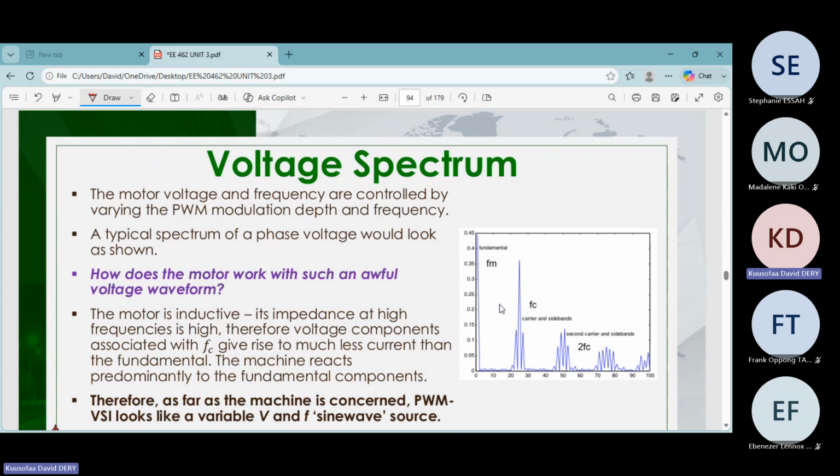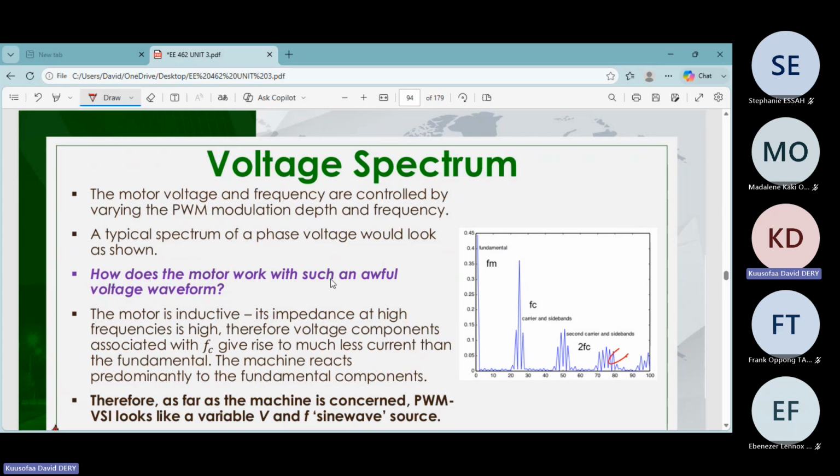When you view the spectrum of the PWM output signal, you are going to see a fundamental component with harmonics. These are the harmonics that are present. We have to filter out these harmonics and leave only the fundamental component, which now goes to the induction motor.